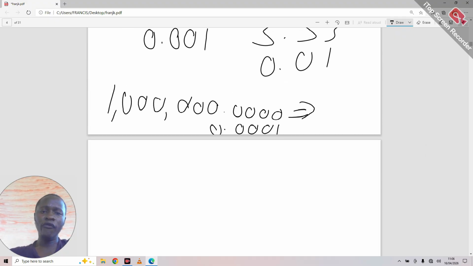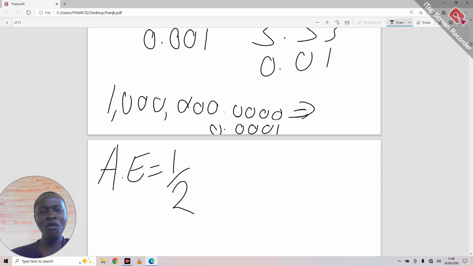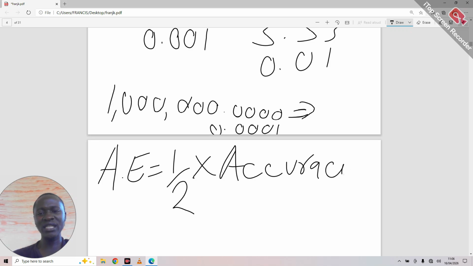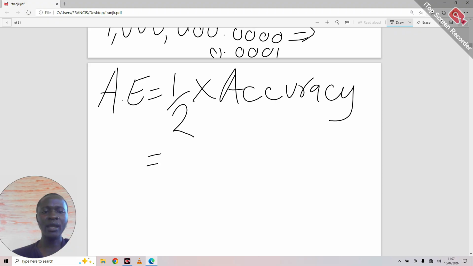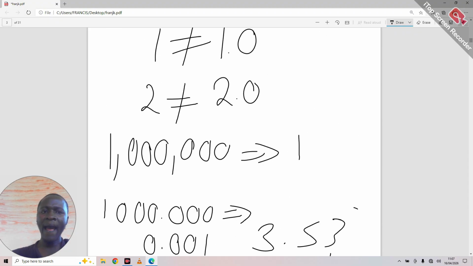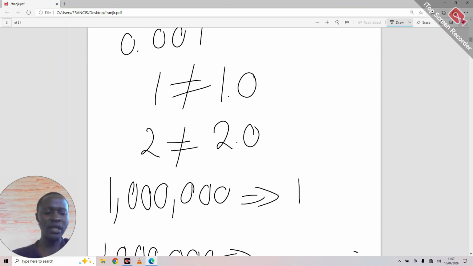Before we continue, I was just giving you the accuracy. Now, for you to get absolute error, it is a half multiplied by that accuracy. Let me use 3.53 as an example. I'll use 9.835.